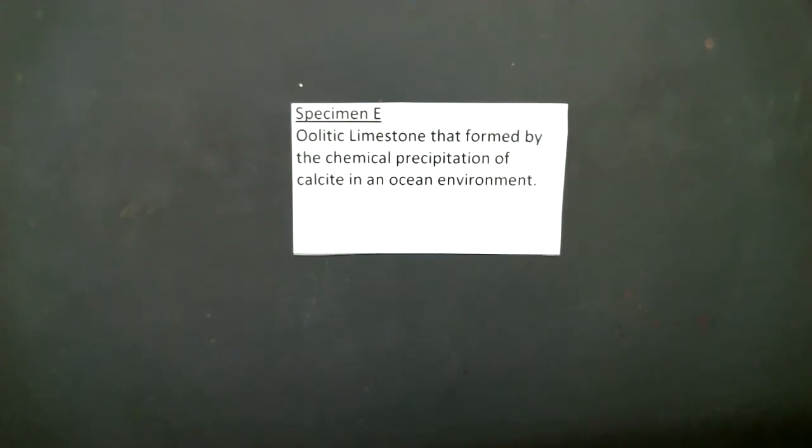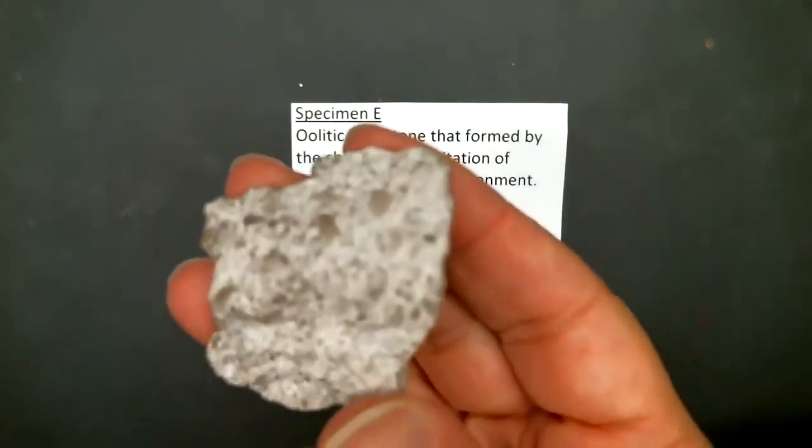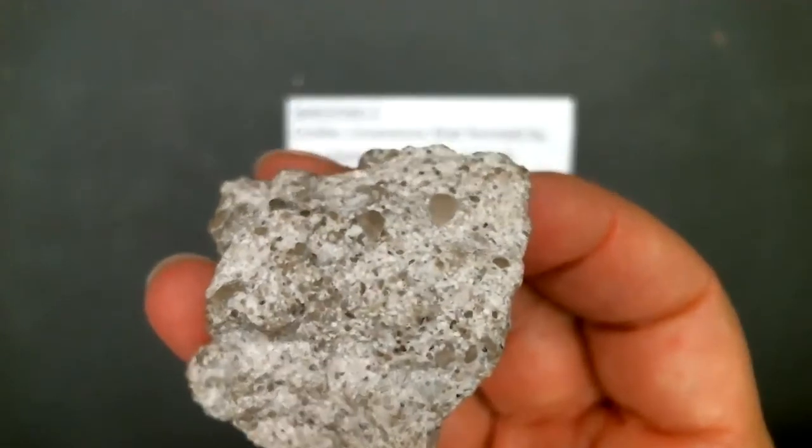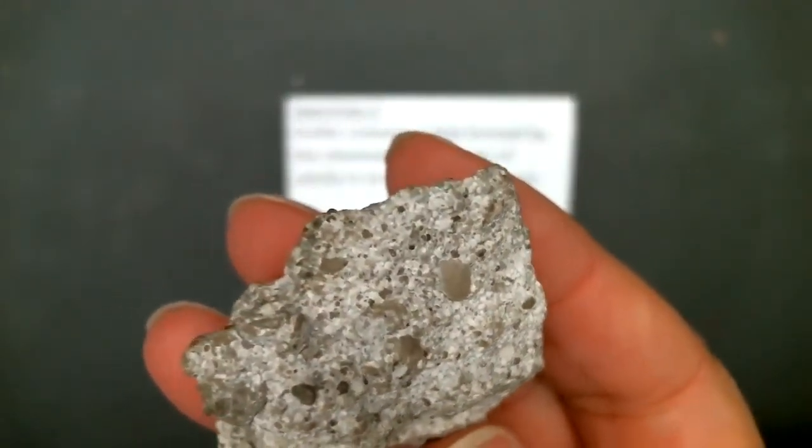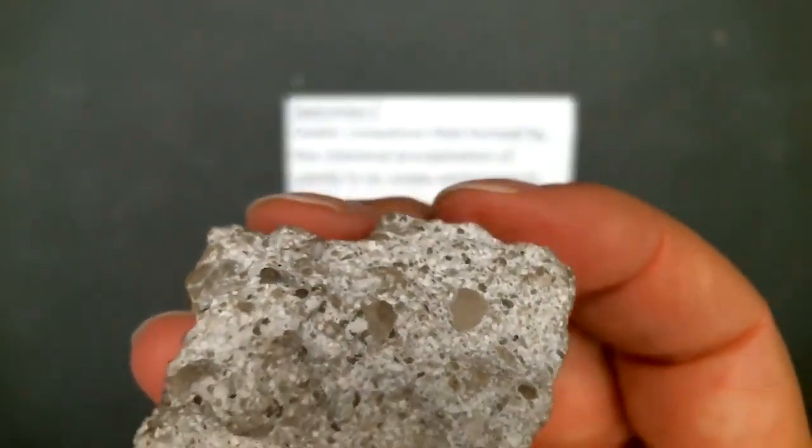All right, specimen E is a sample of oolitic limestone. Oolitic limestone contains lots of small spheres cemented together.